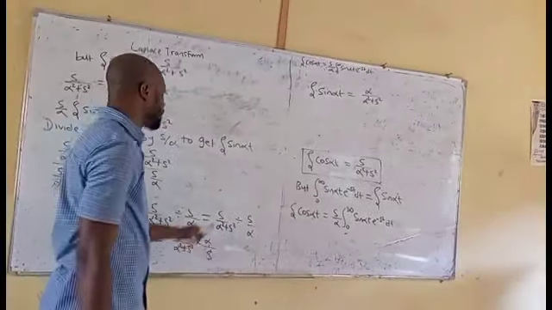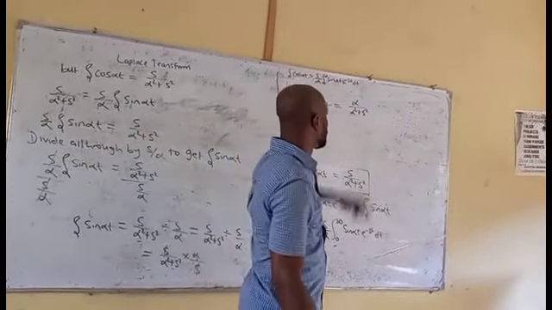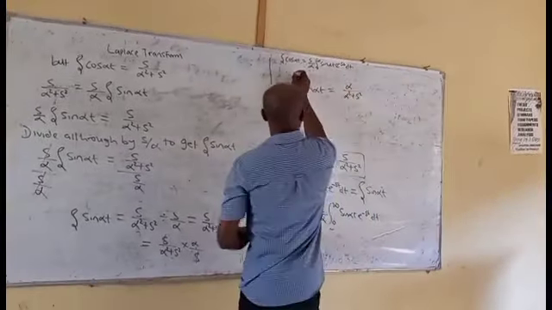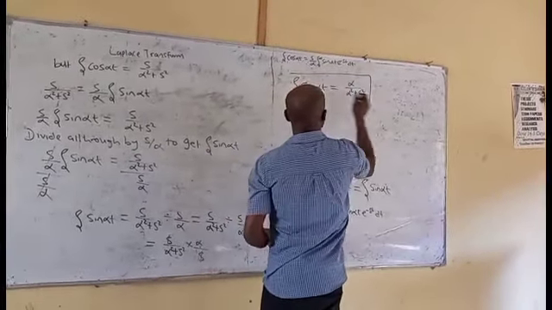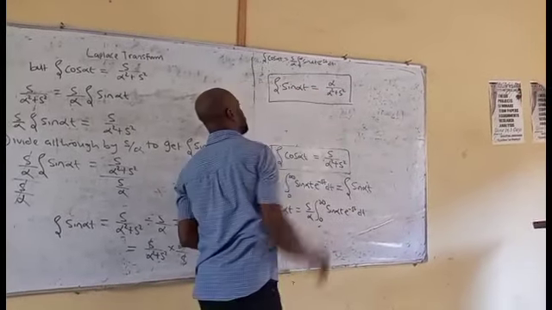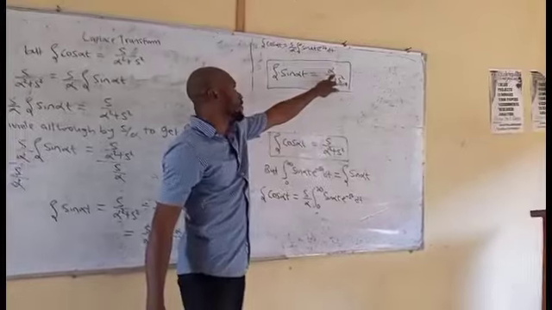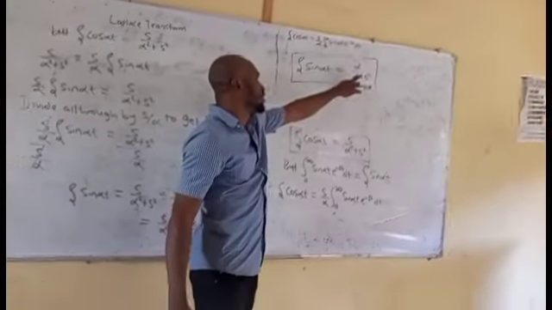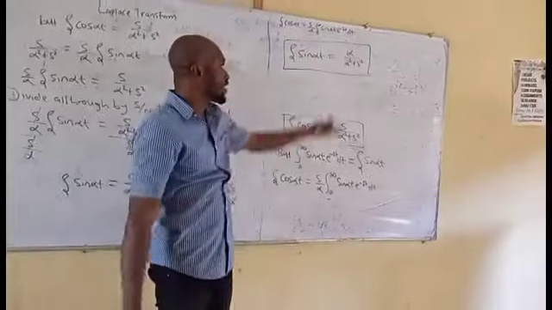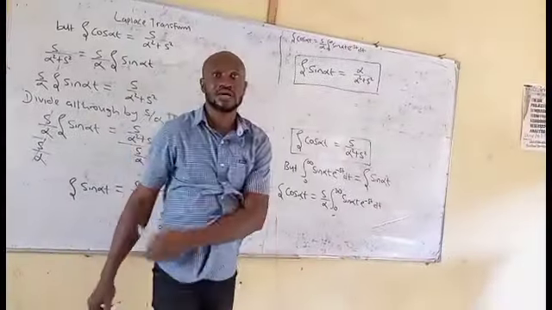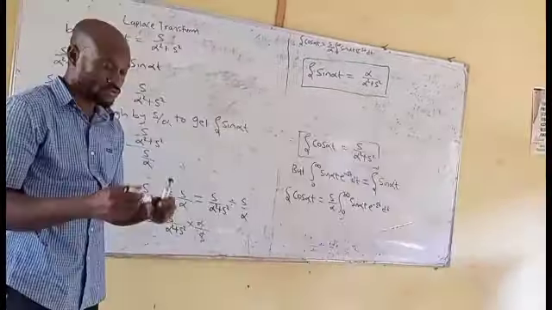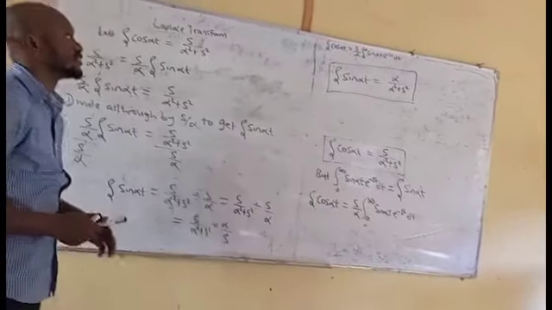So you have alpha over s squared plus alpha squared. So this is what you are going to get. This is the formula for the Laplace transformation of sine alpha t. It will be alpha over alpha squared plus s squared. So this alpha now will be a value. It can be 1, 2, 3. So this is how you get the Laplace transformation of sine alpha t.